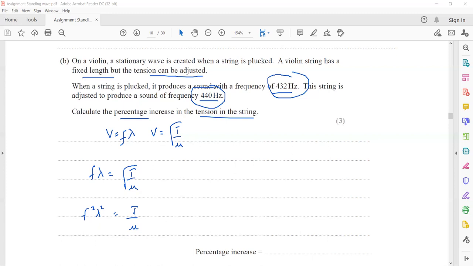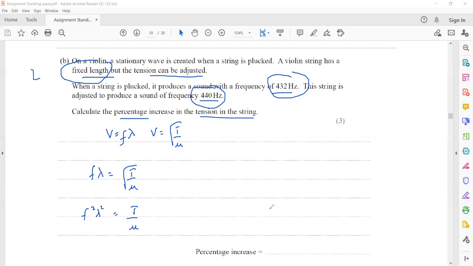As we know, f squared lambda squared equals T divided by mu. And they mention in this question that the violin string has a fixed length, so L is constant, and the tension can be adjusted, so we can adjust T. So first we will find the tension for 432 hertz, then the tension for 440 hertz, and then calculate the percentage increase in the tension.